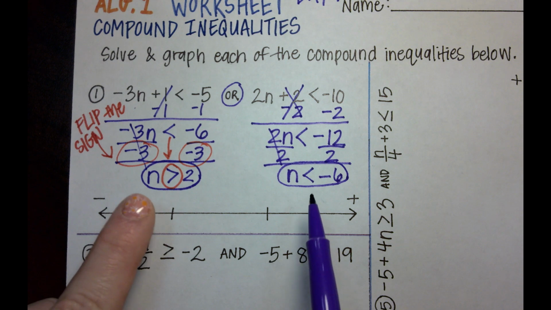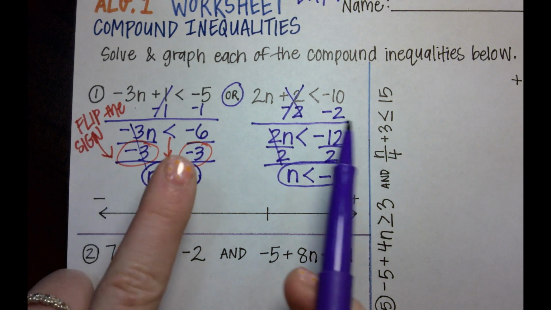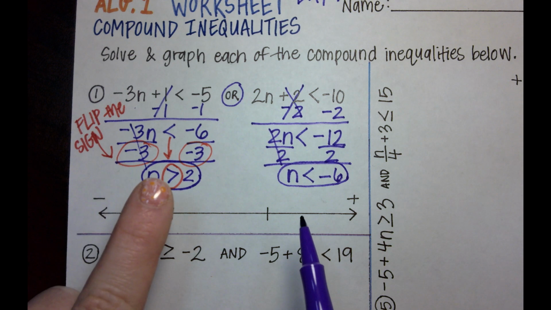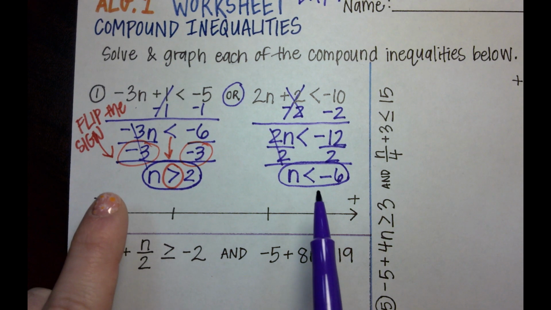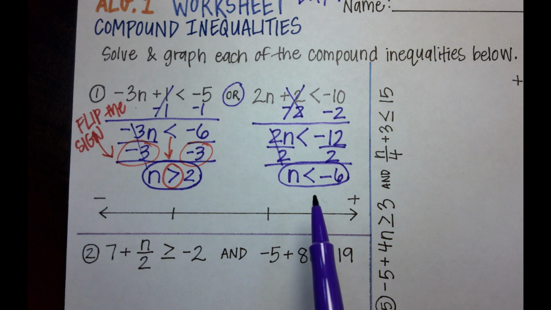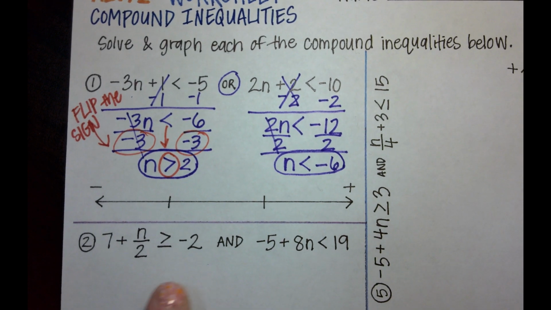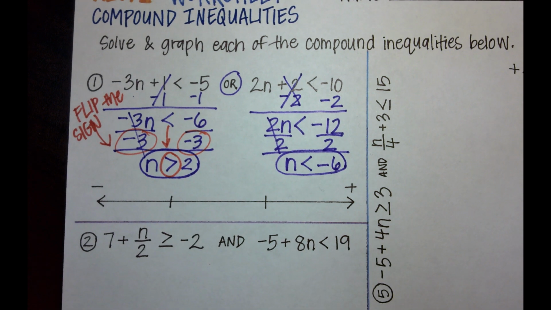Now, before we graph this, does anybody have any questions about any part of this process, or did anybody get a different answer and not sure why? Okay, we all got it so far? Good. So now we have our graph. What should we do first when we're graphing a compound inequality?